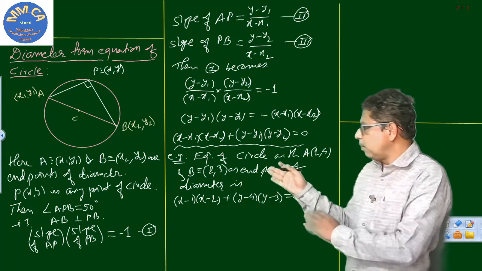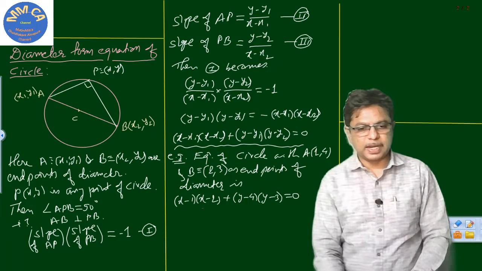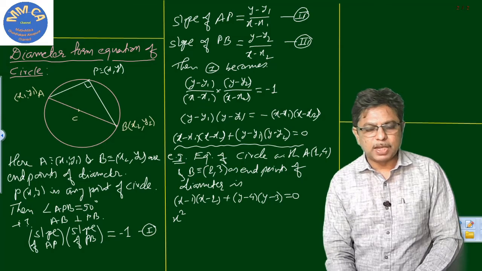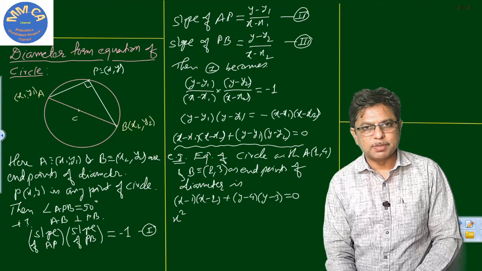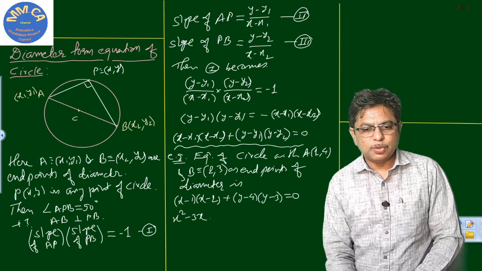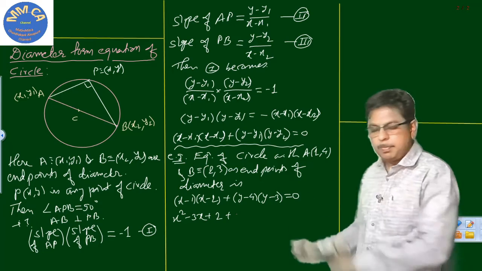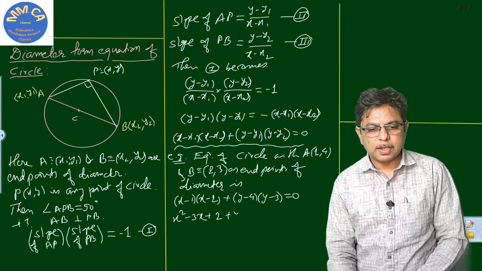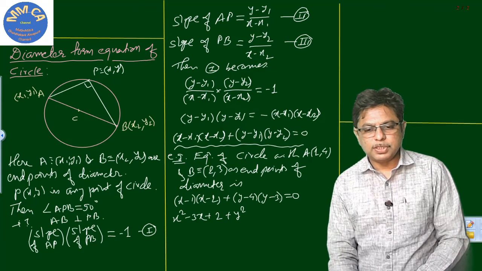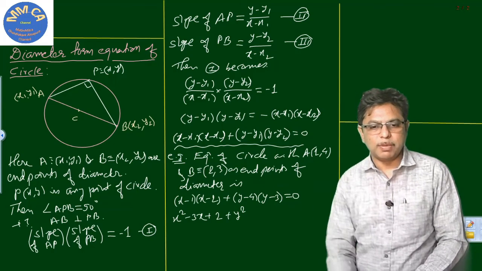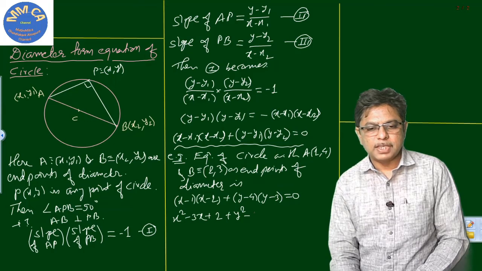Take the product of the first two brackets and the product of the next two brackets. x into x is x square, x into minus 2 is minus 2x, and minus 1 into x is minus x, so it will be minus 3x, and 1 into 2 is 2. Plus, y into y is y square, y into minus 3 is minus 3y, and minus 4 into y is minus 4y, so minus 3y minus 4y is minus 7y.